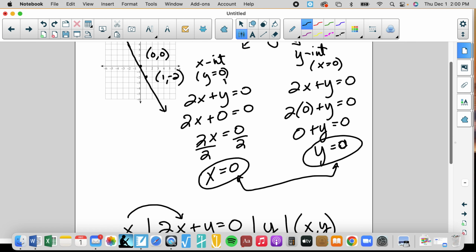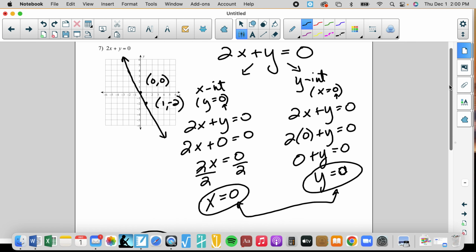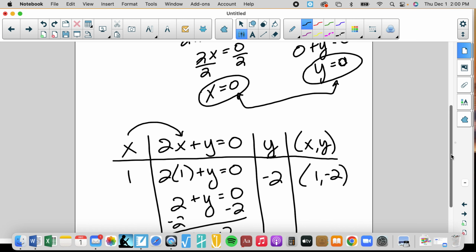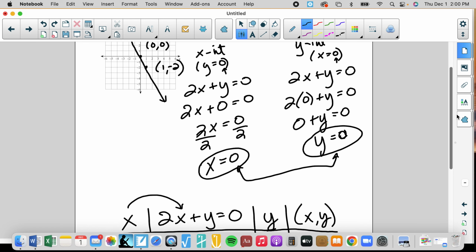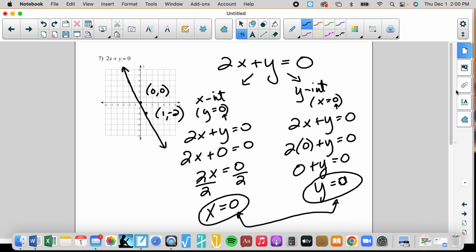We plugged in 0 for x and y because it's the same point. Those intercepts are the same points. Hence when you plugged in 0 for x, you better get 0 for y because you've already done it.